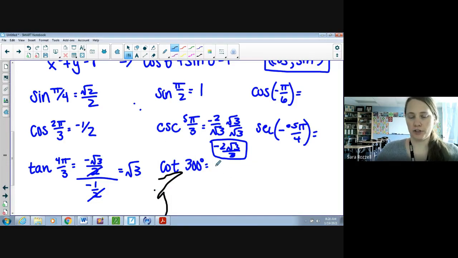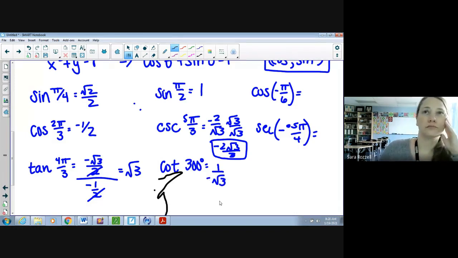You also have your 2's, but they'll cancel, right? So 1 over negative root 3, and then you have to do your root 3 over root 3. So you're right, Nick, except you need a negative in the front. So negative root 3 over 3.